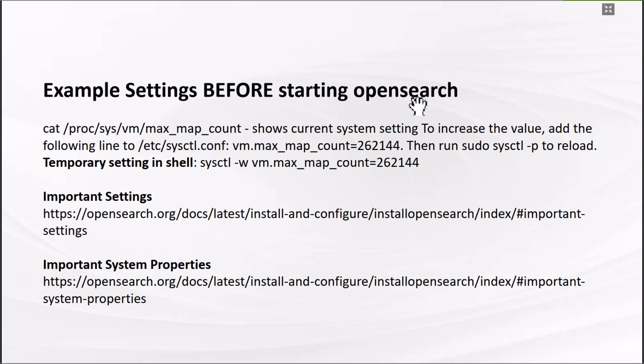It is recommended to set the vm.max_map_count, and we will be using the same setting in our virtual machine. You can see the command. You can either make it persistent by setting it in the sysctl.conf, or you can temporarily set it in the current shell window. Now there are many other important settings, and those links are provided there.